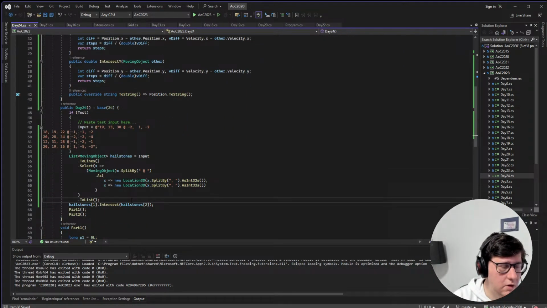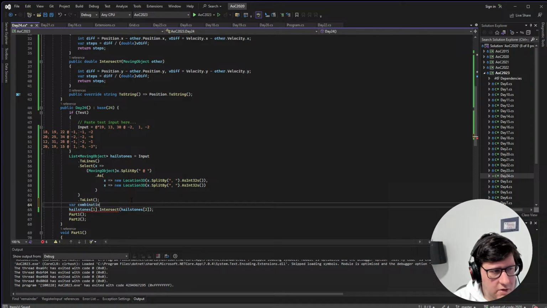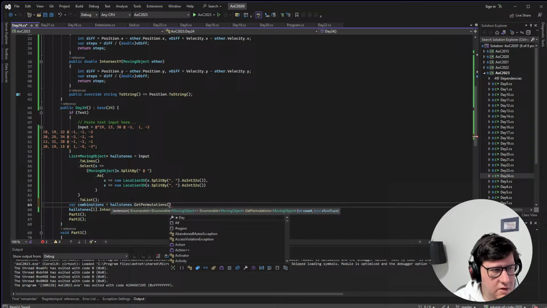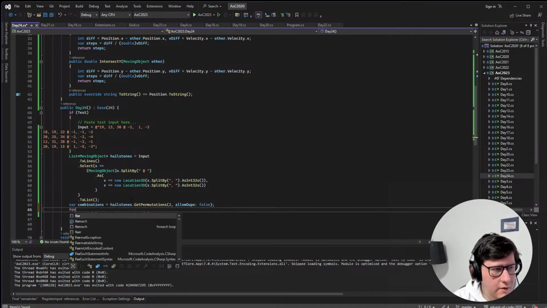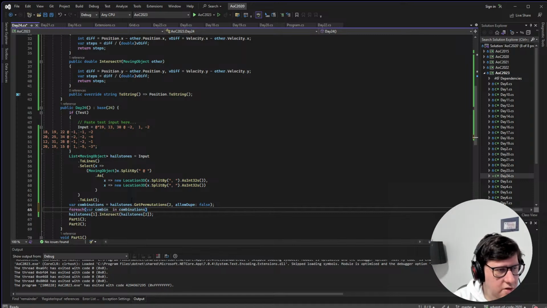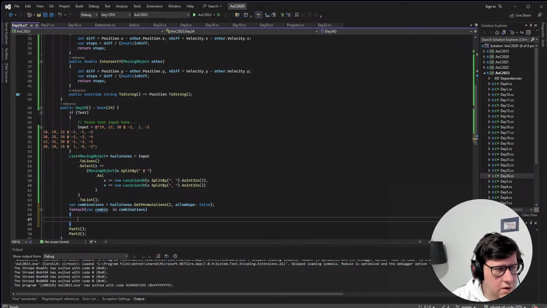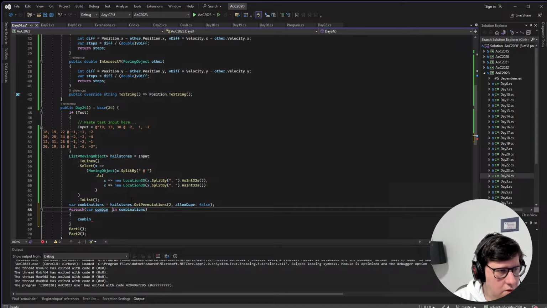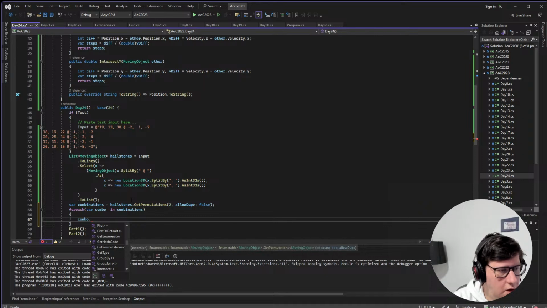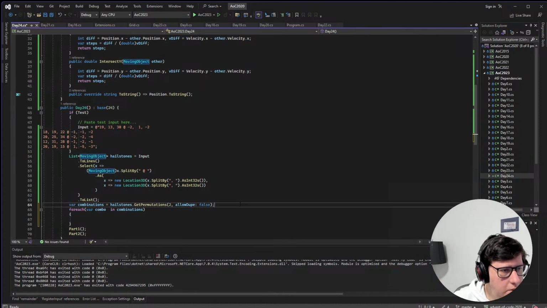And now we can do var combinations is hailstones get permutations, allow dupes false, for each var combo in combinations. Combo like this. Sure. So we do B.